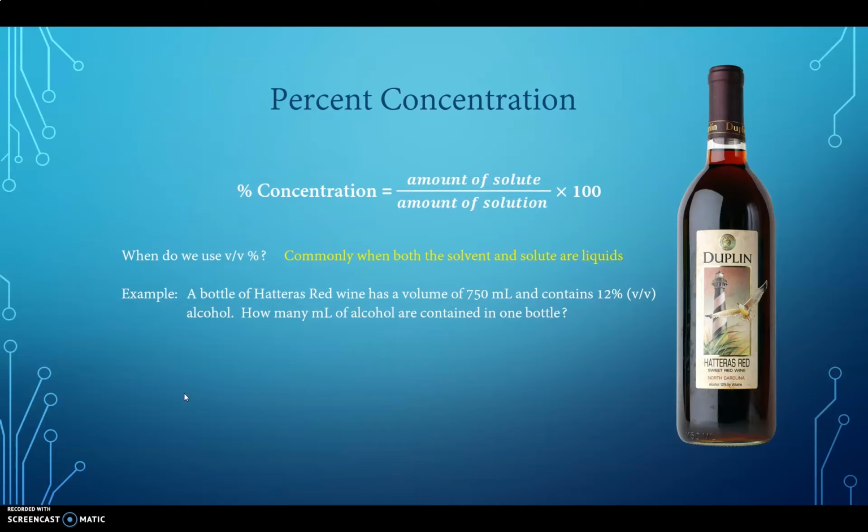So we set it up like any conversion problem. We start with our known amount, which is the volume of the wine, and then we use the percentage, the milliliters of alcohol in each 100 milliliters of wine, because remember, that's what percent means. Percent means out of 100, so 12% means 12 out of 100. The milliliters of wine cancel out like any conversion should, and we end up with the volume of alcohol.